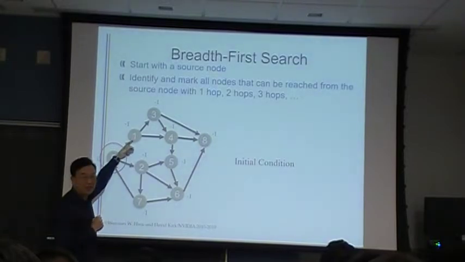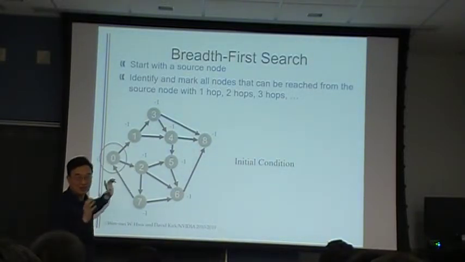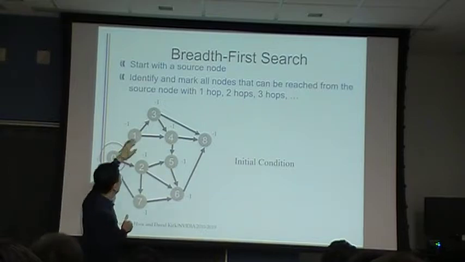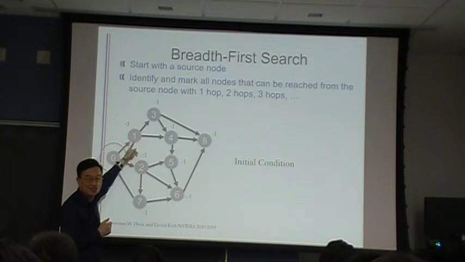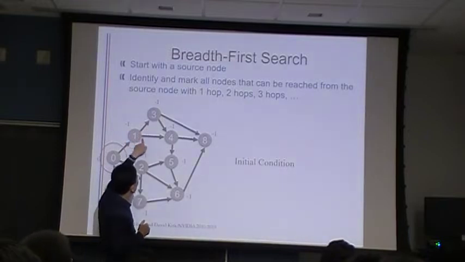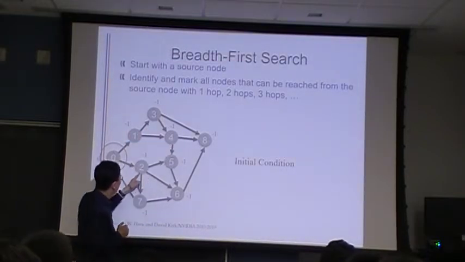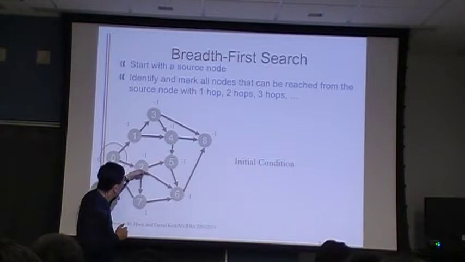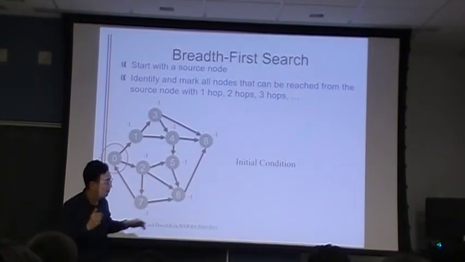Obviously, it's going to be 1 and 2, right? That's easy. And then you say 2 hops. 2 hops will be 1 hop from those nodes that you can reach with 1 hop, right? So you go from here and say, okay, these are the 2 that I can go to with 1 hop, and these are the 3 that I can go to with 1 hop from this one.